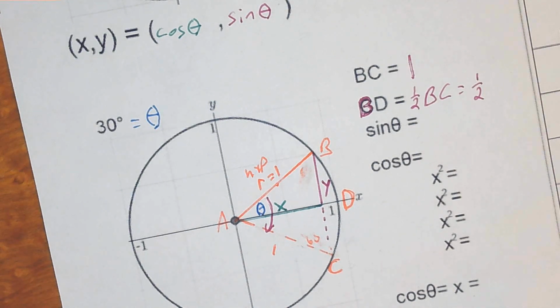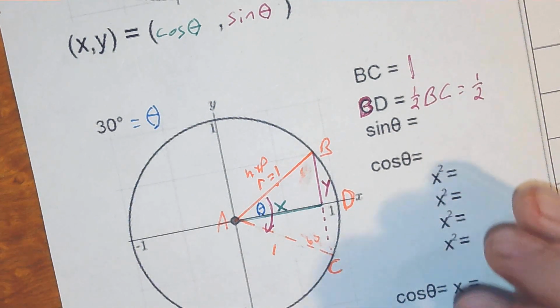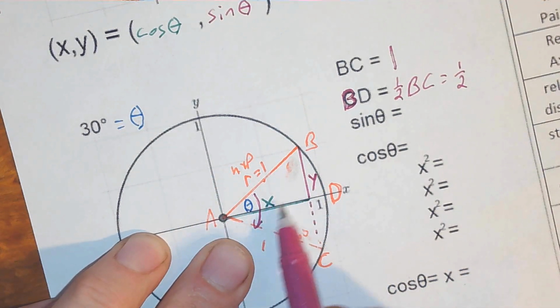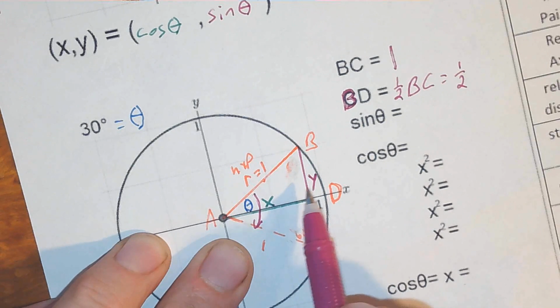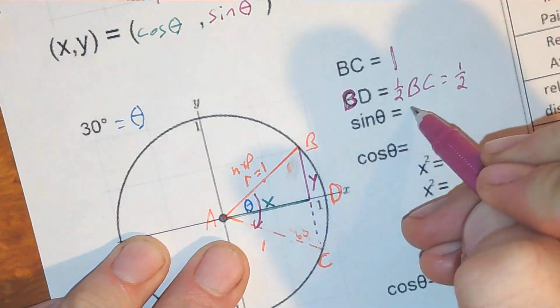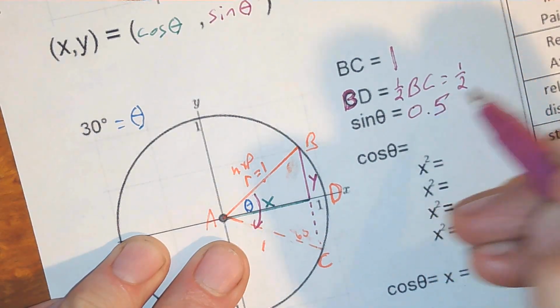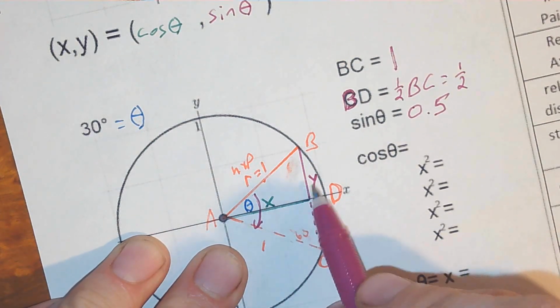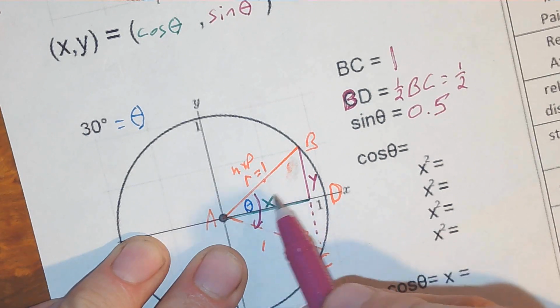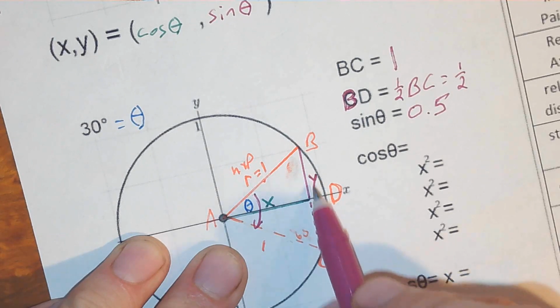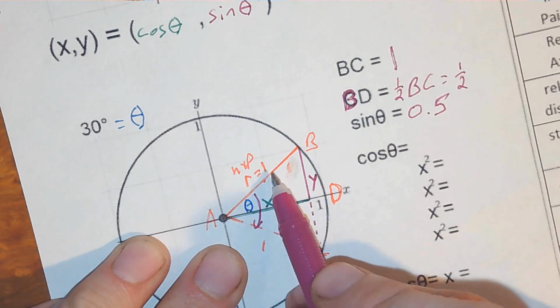Okay, so we know that the sine of theta, right? The sine of 30 degrees equals what? The sine of 30 degrees equals 0.5, right? Because we already recognize that the length of this with opposite over adjacent, right? This is what this is, right? The opposite is 0.5 over 1.